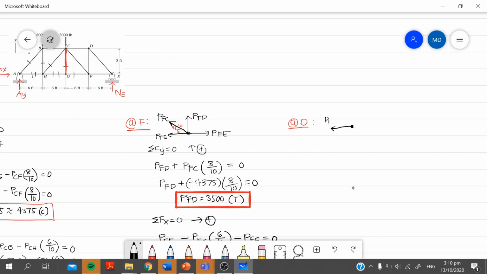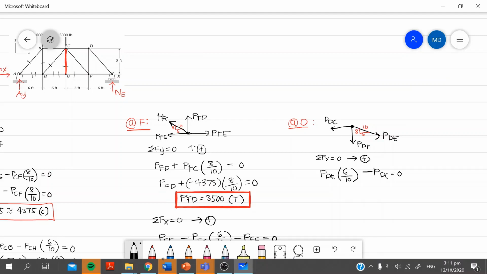Okay, the slope of force DE is 8, 6, 10. Okay, sum up forces horizontal equal to 0. So force DE 6 over 10 minus force DC.